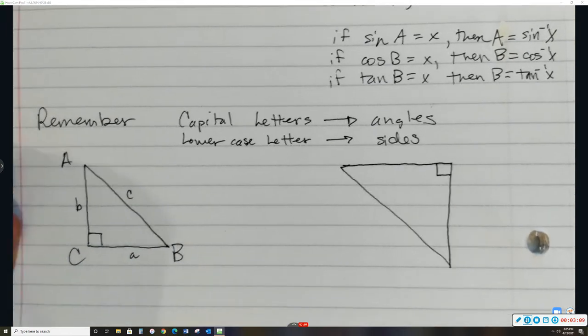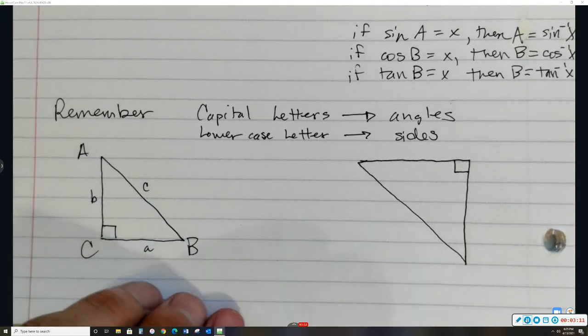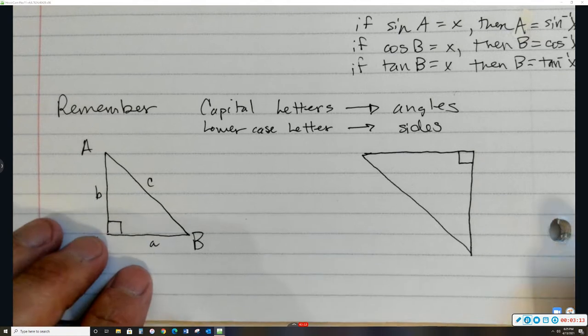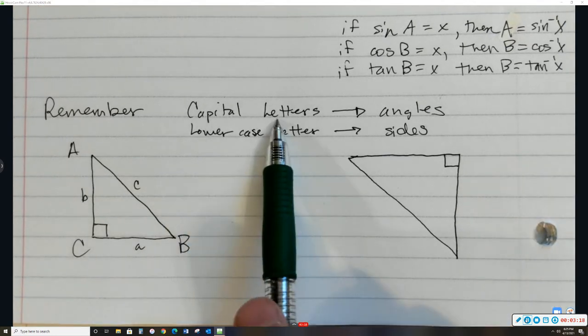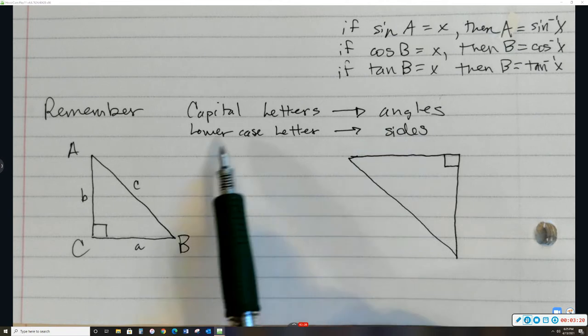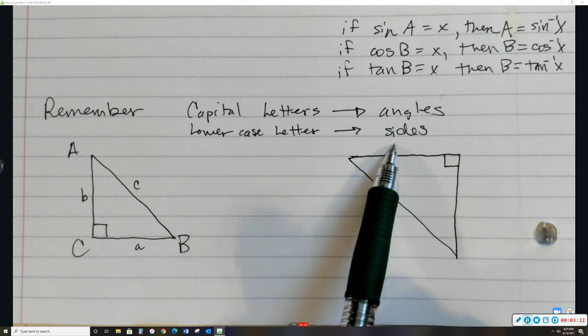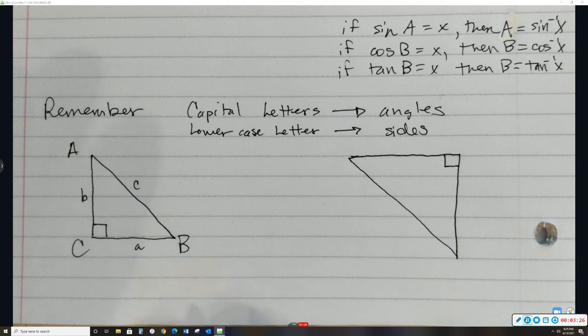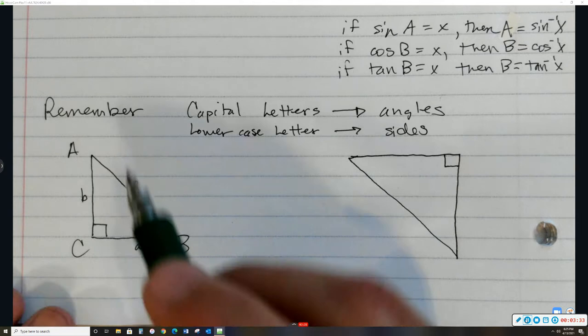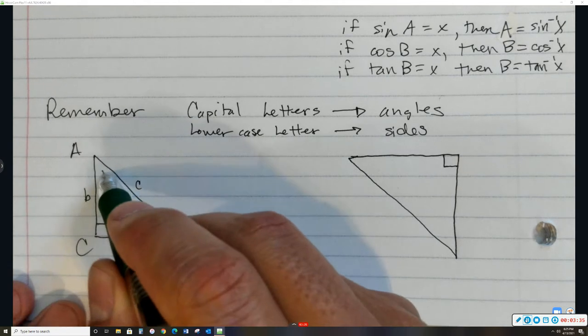Just remember, as I've brought up in different lessons and notes, capital letters represent angles, and lowercase letters represent sides. Usually, especially the higher math you go, the lowercase letter is across from the capital letter.